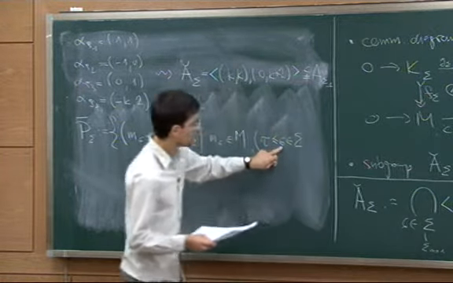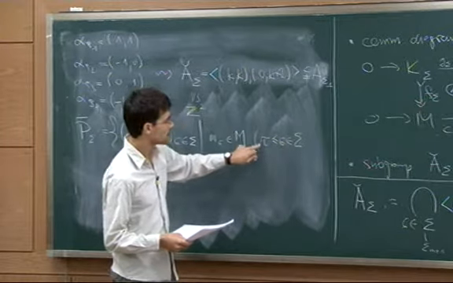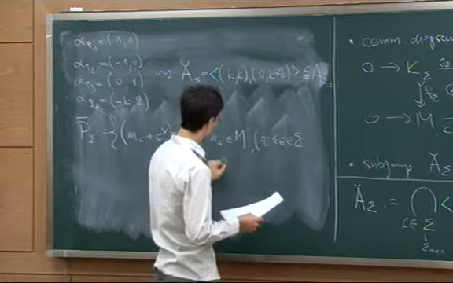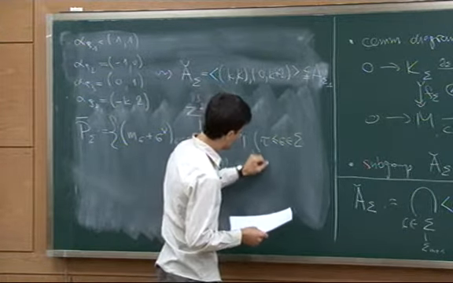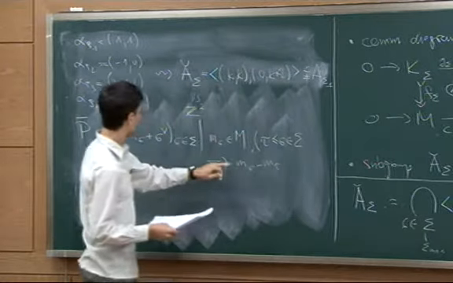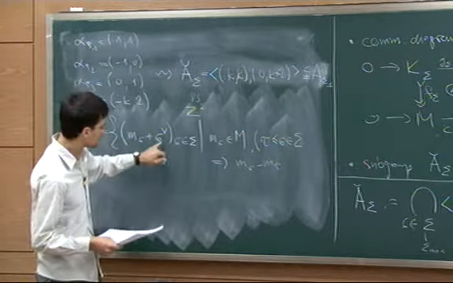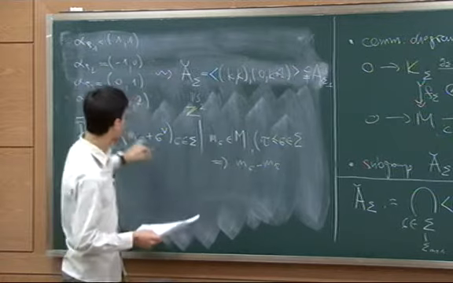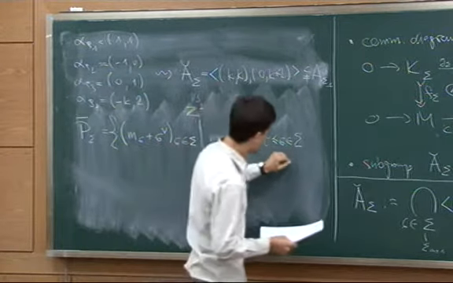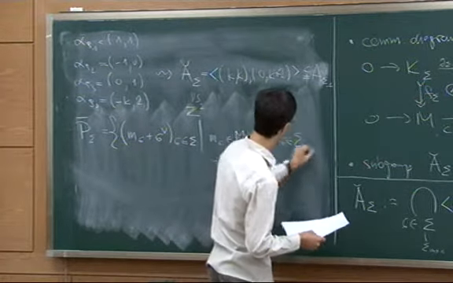If sigma is a cone in our fan and tau is a face of sigma, then m sigma, so the point where sigma dual is attached, minus the point where tau dual is attached, lies in tau orthogonal.